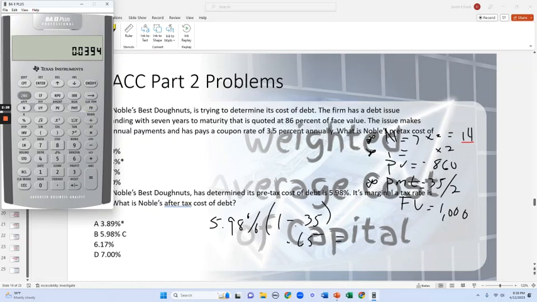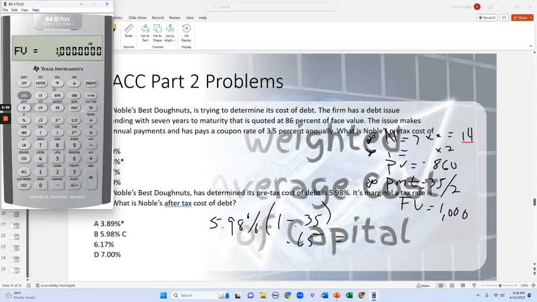We know that the N now is 14, so we'll do 14 for the N. We know that the present value is negative 860 because we had to pay something for that bond, right? The payment is the $35 once a year, but it's twice a year, so it's actually $17.50 that you would get for the payment. And it had a future value of $1,000.